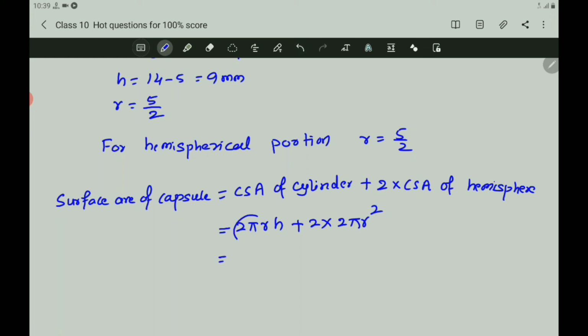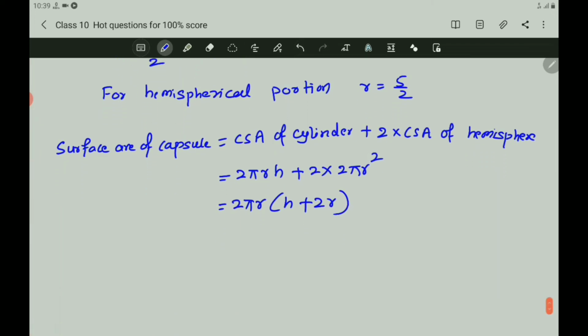Then you can take 2 pi r outside as common. 2 is there, pi is there, r is there, and h remaining. So h, plus 2 and 2 pi are also outside, then r square means r into r. So you will get h plus 2r.